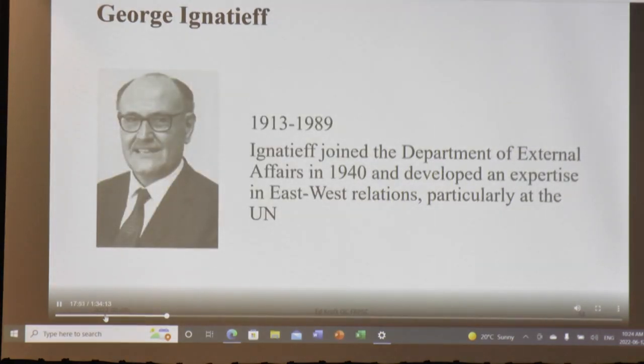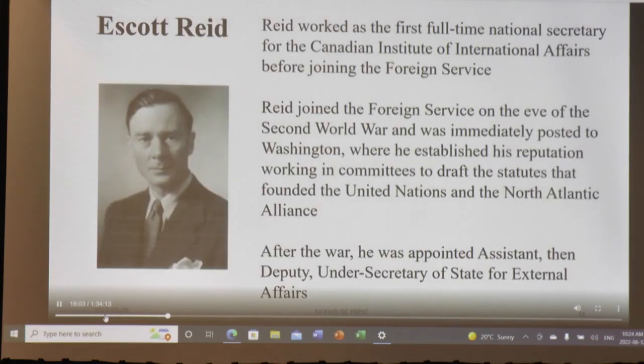You'll see George Ignatieff referred to, a man who is known to some of you at later stages of his life, but he joined the Department of External Affairs and had a presence at the United Nations. Escott Reid was a very important civil servant. He served as the Undersecretary of State for External Affairs after Pearson became the Secretary of State for External Affairs.